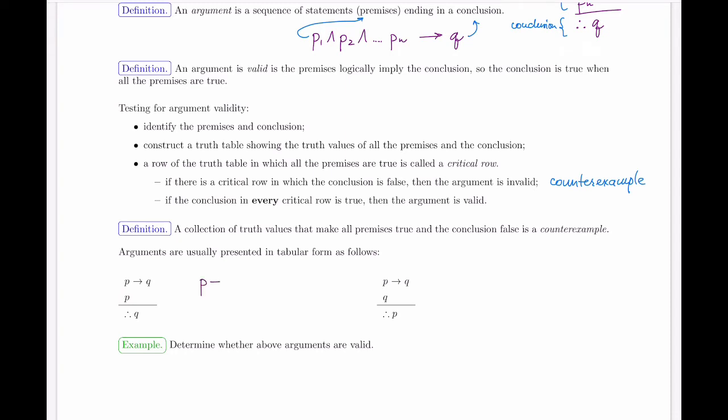So we have P implies Q is our first premise, and our second premise here is just P. And then we will translate this horizontal bar and the therefore as an implication, and finally list our conclusion Q. Okay, so once again, these are my premises, and this is my conclusion in this particular form, whereas if you write it out longhand, your premises are going to be the first part of the implication, and the conclusion will be the second.